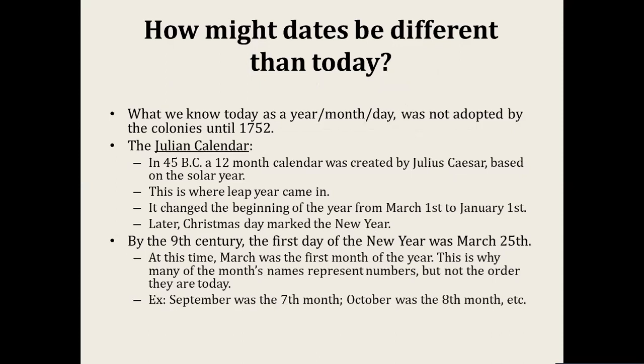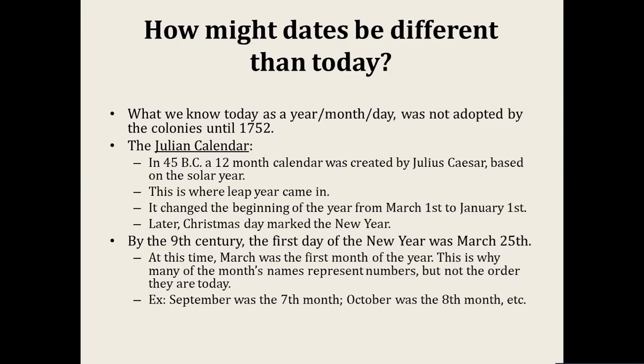Now this is something to keep in mind when you're looking at much earlier wills in the 1700s and prior. Dates were different than they are today. What we know today as a year, a month, a day was not adopted by the colonies until 1752.